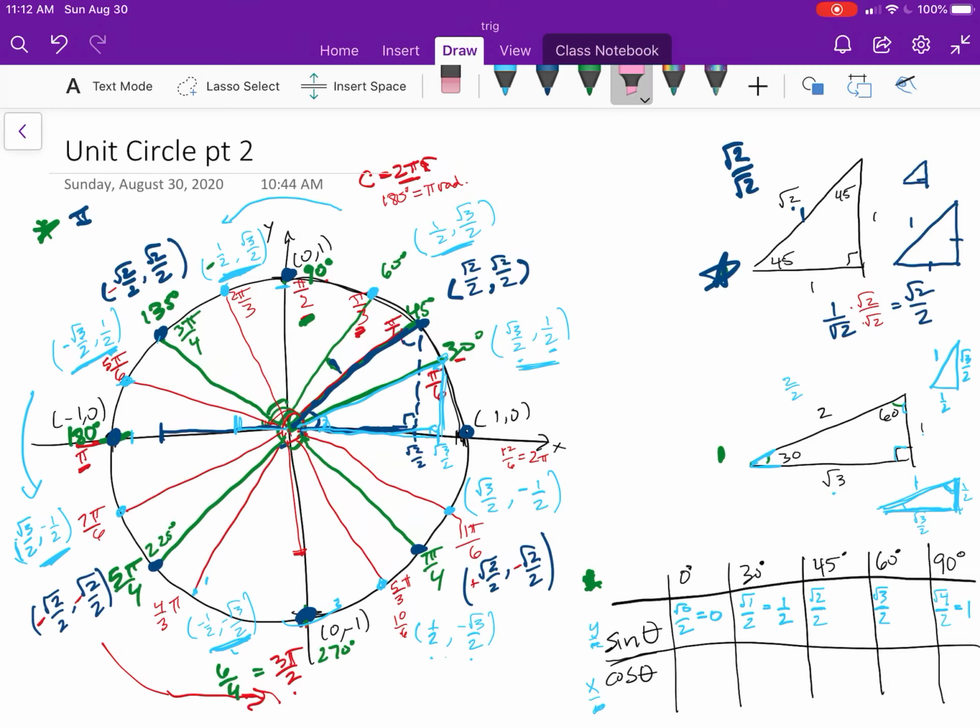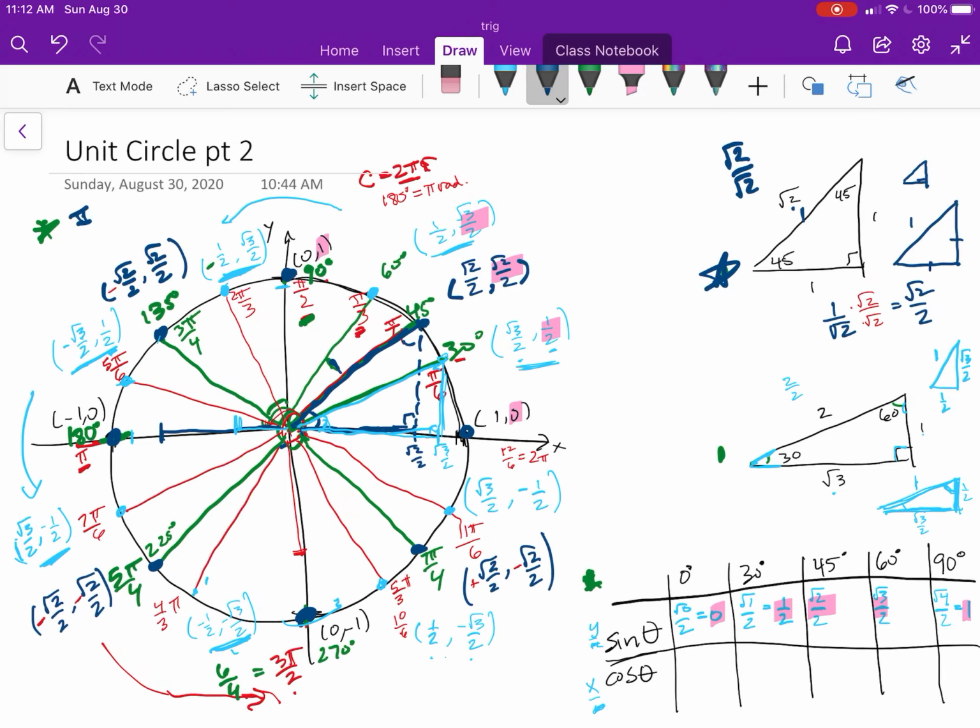Okay, I'll highlight now. Sine is y. 0, 1/2, square root of 2 over 2, square root of 3 over 2, 1. All right. Well, how do we get x? Easy.